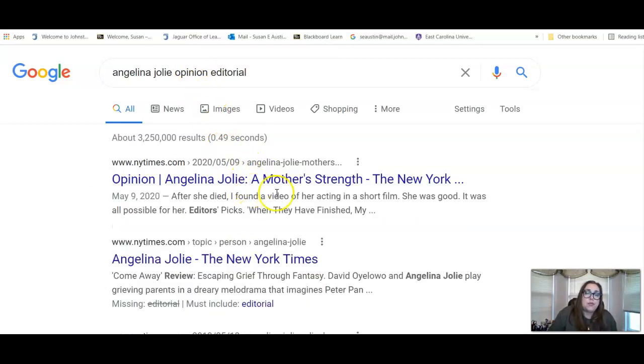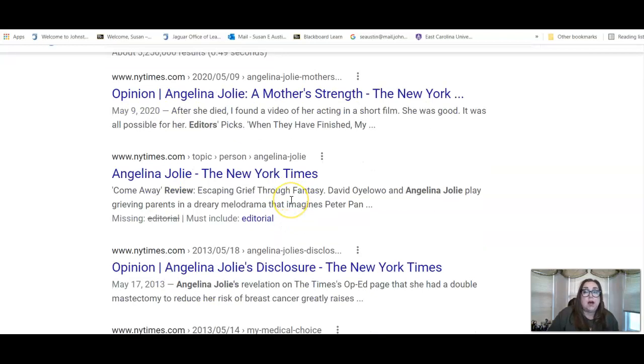She was someone who made some choices about surgeries. Her mother and aunt had passed away from cancer, breast cancer, and I believe ovarian cancer. And so she was very concerned about her own health. And so she's written about that and her choices for elective surgery, for a mastectomy, and then a hysterectomy. So she has written some opinion editorials about that.